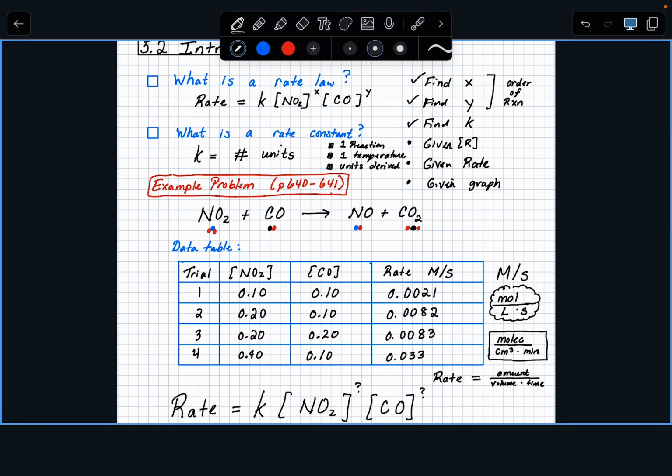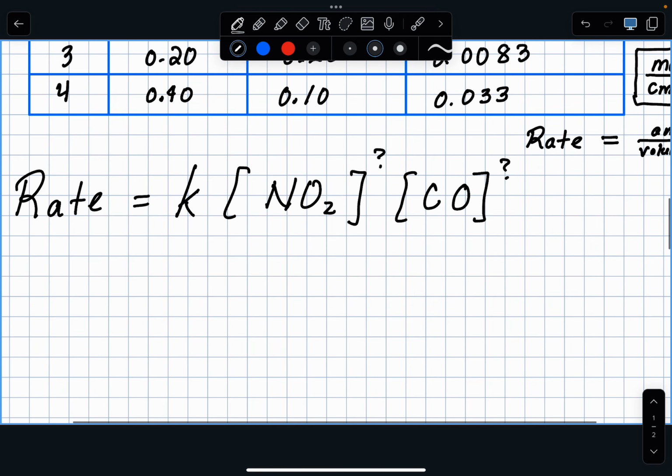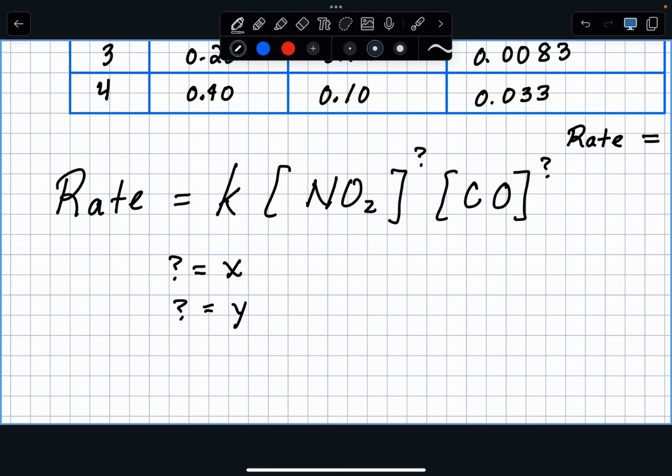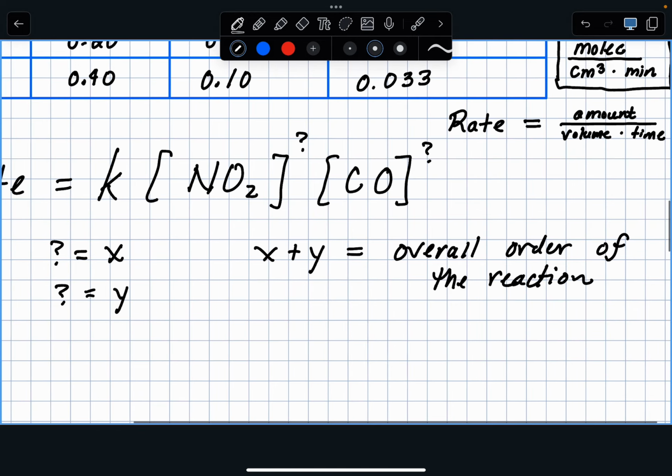And if you add X plus Y, so if I take my two question marks, what is X and what is Y, X plus Y later on is going to be called the overall order of the reaction. And that's going to help us with the units and value of K.